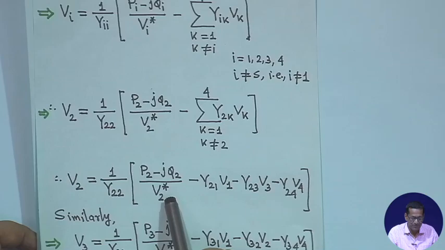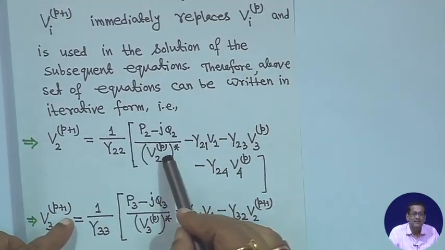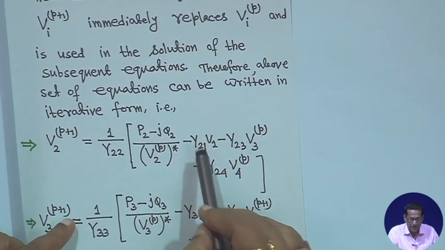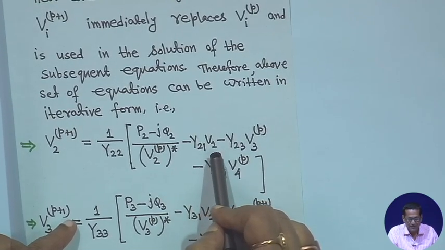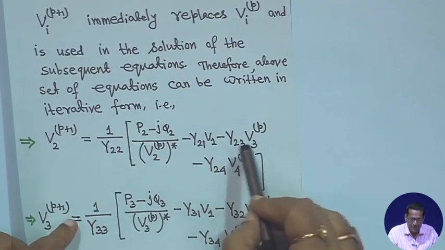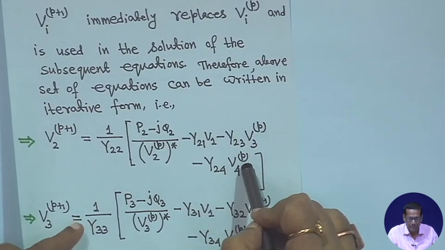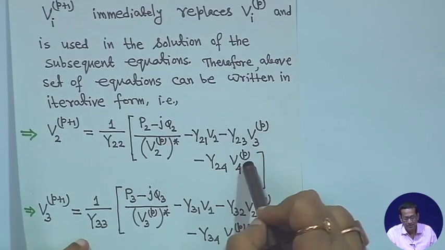That is why instead of P plus 1, I am writing V2^P conjugate. Then minus capital Y21 V1, V1 is actually known, 1 plus j0, generally magnitude 1 angle 0. So do not put P here, no need. Minus capital Y23 V3^P minus capital Y24 V4^P, P is the iteration count. Here you have to take the initial value.